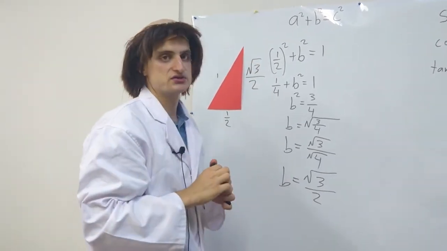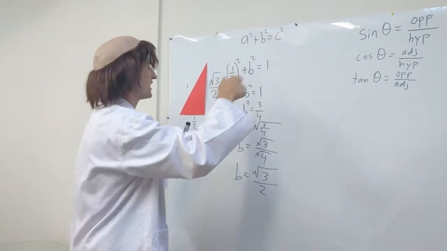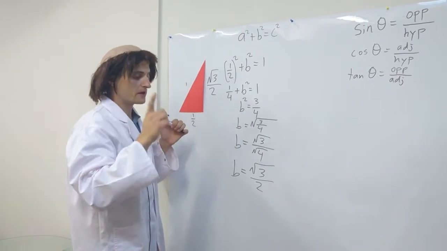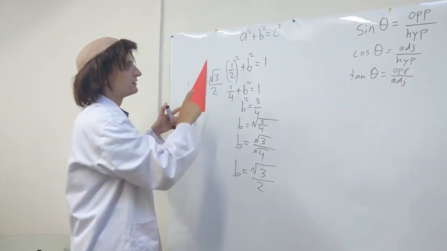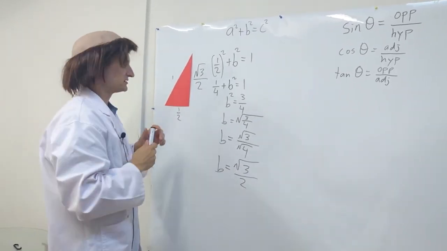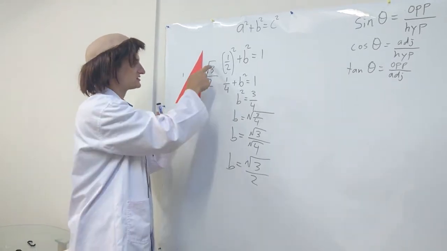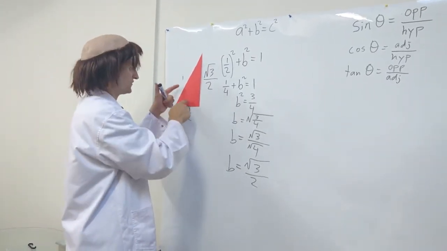So now let's try to find these trigonometric values. Sine, remembering that theta is right here in the lower left. Sine of theta, in this case theta is 60 degrees. Sine of 60 degrees, square root of 3 over 2. Cosine, 1 over 2.